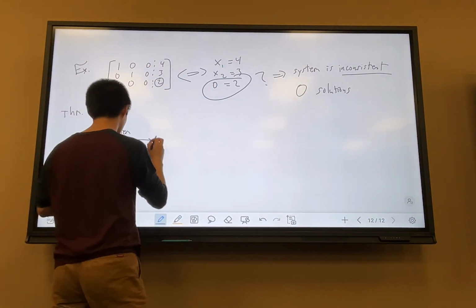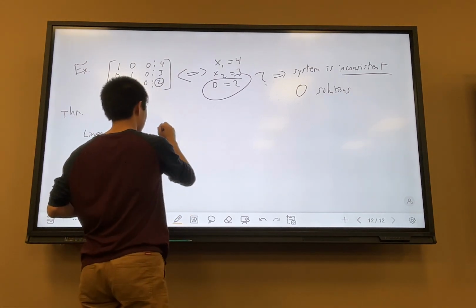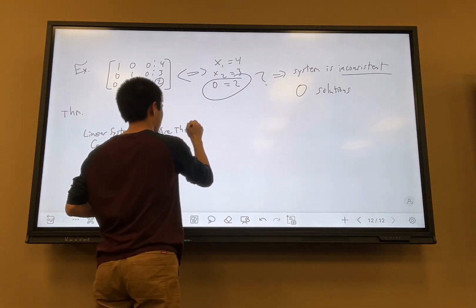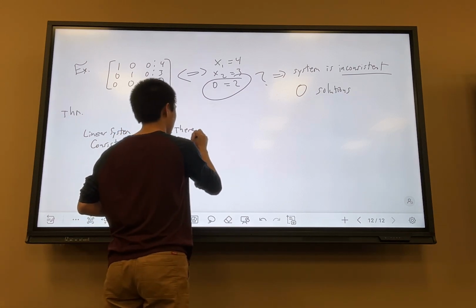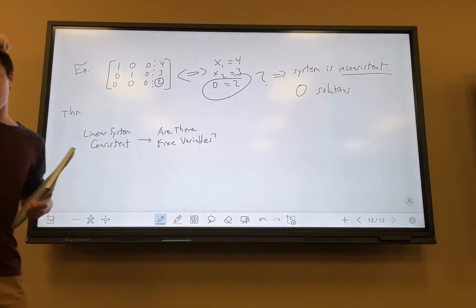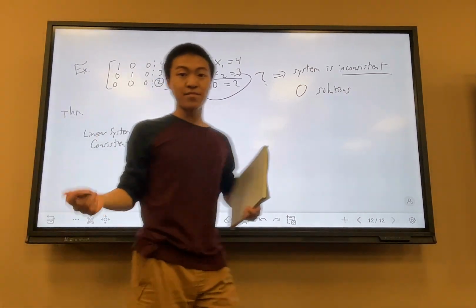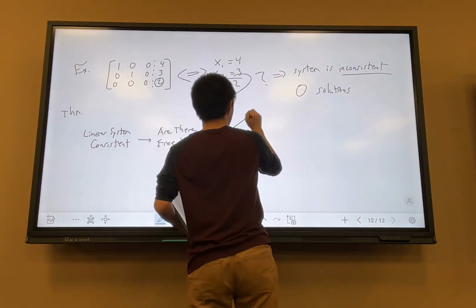So then we need to ask the question, okay, we have solutions, great. Are there free variables? And remember that the free variables were the extra ones. The extra ones that could vary.